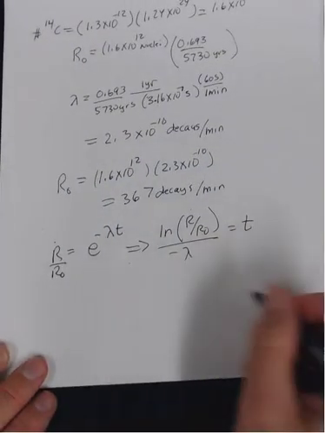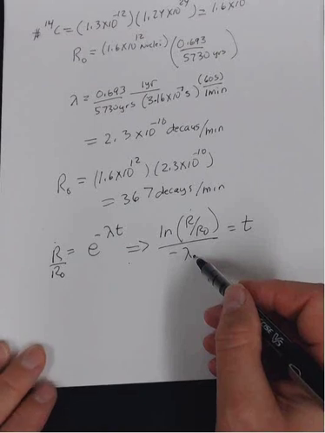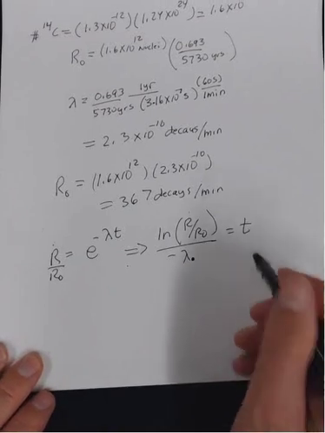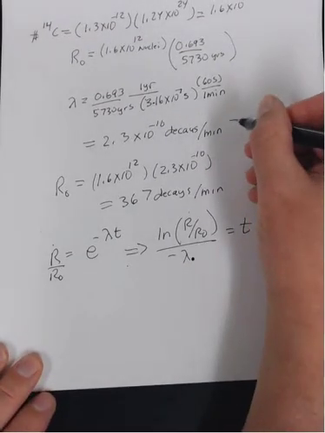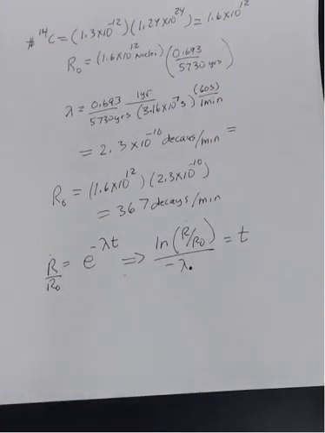So I'm going to get, and I want that time, let's put that time in years. Did I do lambda in years? So this is decays per minute. For a year, it would be 0.693 divided by 5,730.